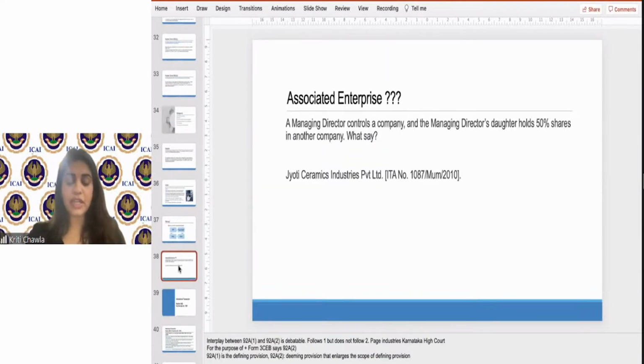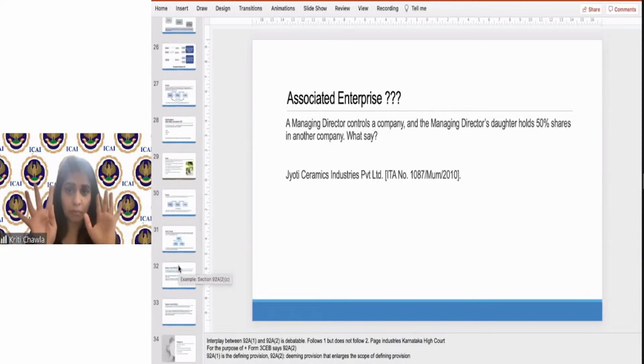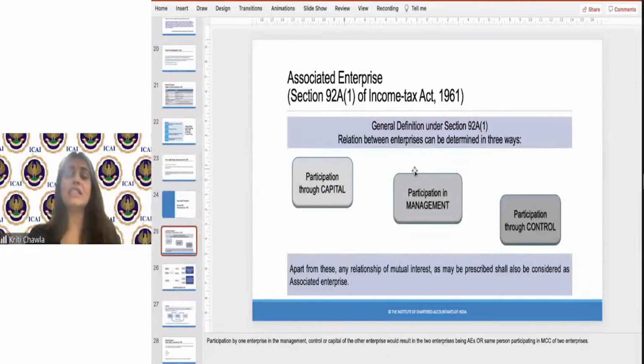Now we get on to another concept, which is what happens if someone follows 92A1 but does not follow 92A2. Let's take a situation that there are two companies, and this company is participating in the management, control, and capital of another company.